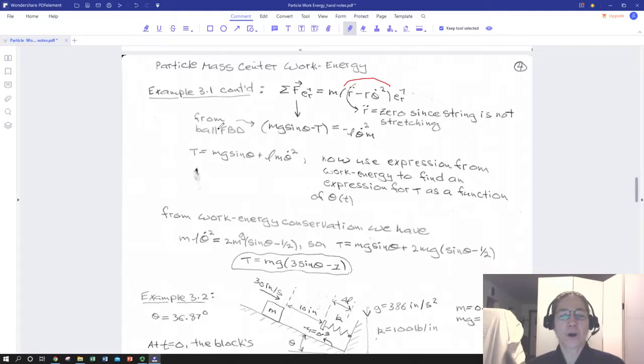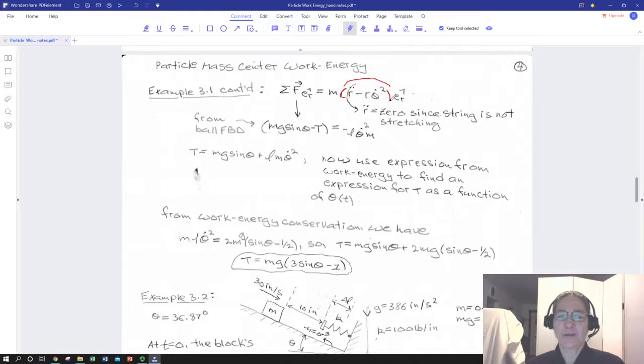So from our ball FBD, our sum of the forces in the radial direction is the portion of gravity pulling downward, mg sine theta, minus the string tension. That's what we're looking for. So that's going to equal mass times the acceleration in the radial direction, which is what's in parentheses here.